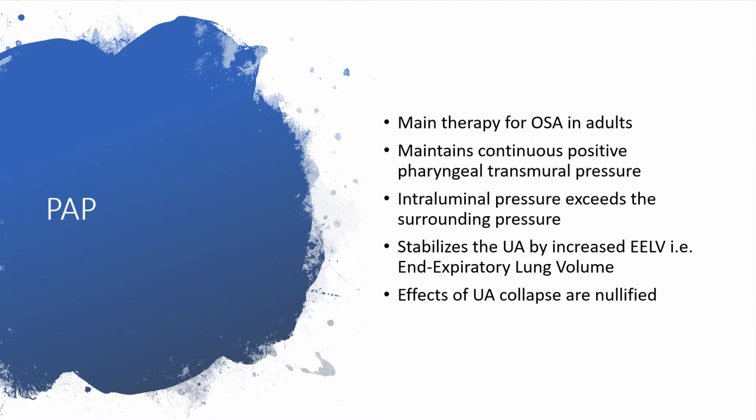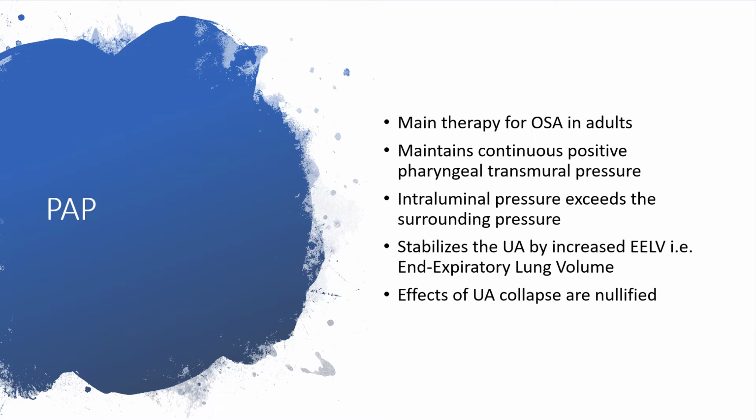Okay, but for now, it's positive airway pressure. Positive airway pressure is the main therapy for obstructive sleep apnea in adults. Positive airway pressure maintains continuous positive pharyngeal and transmural pressure. I'll go into examples of them in a bit. Intraluminal pressure will exceed the surrounding pressure.